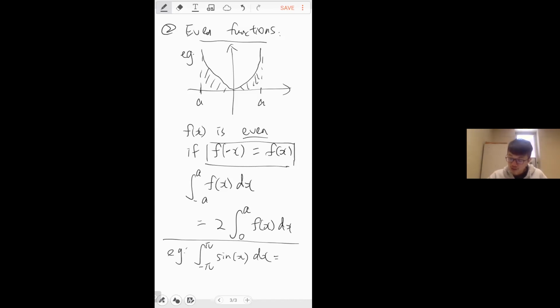So let's look at one quick example. Consider the integral from -pi to pi of the function sine of x. Is sine of x an odd function or an even function? Okay, it's an odd function because the graph looks like this. This is -pi, this is pi.